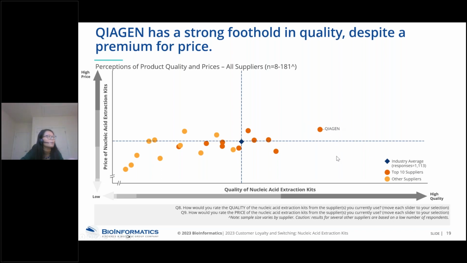They have a strong foothold in quality despite higher than average perception of price, indicating that respondents are willing to pay that premium for their products. But here in the navy blue on both the slide and the previous slide, that's where the industry average is, and we do see a sprinkling of suppliers that are perceived across the spectrum.